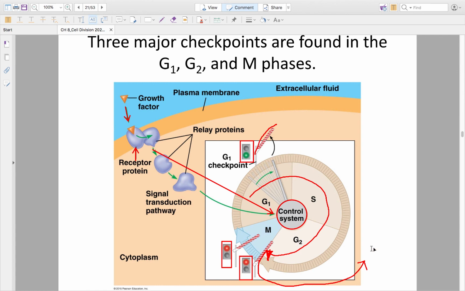And it goes into a programmed cell death state called apoptosis. Okay, so this is programmed cell death. It's like cellular suicide, because let's say there was a mistake in the gene replication, and it could be a mistake that could cause cancer. So it has to be destroyed.